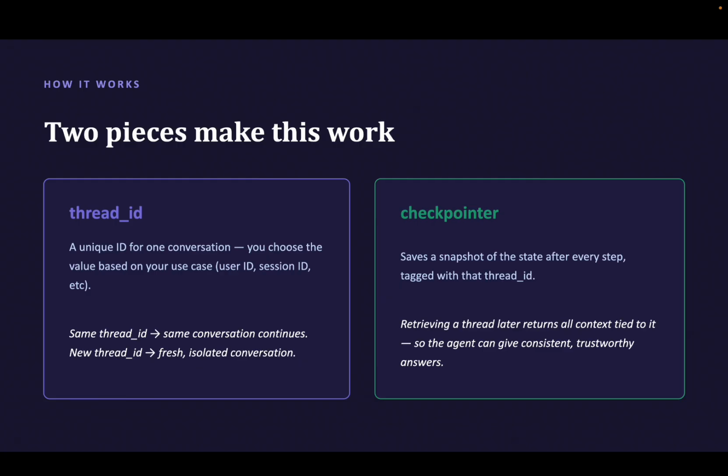After every step executes, the checkpointer stores the snapshot of the state in the database. If we use the same thread ID, it will update the same context. If we have a new thread ID, it will create a new record.